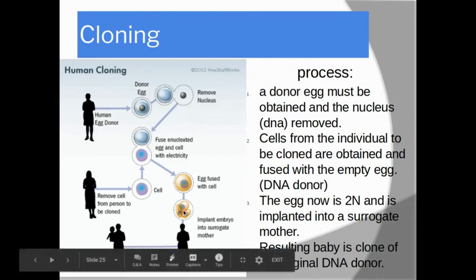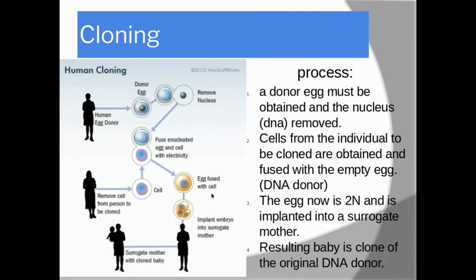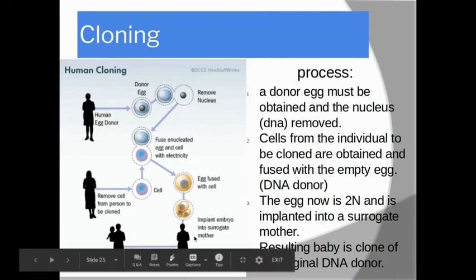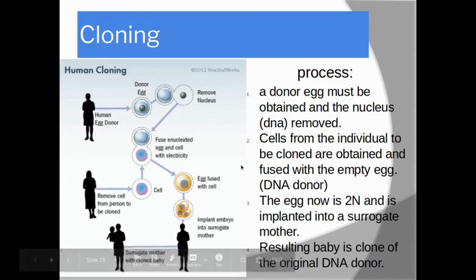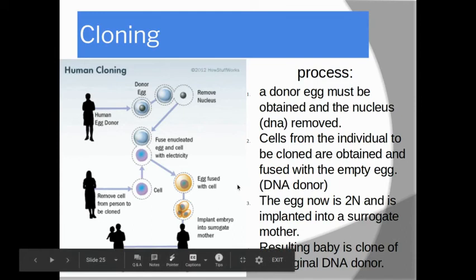You then have to implant those fertilized cells, the embryo, into a surrogate mother who will then give birth to a clone of the donor. Not the egg donor. The egg donor's DNA has been removed. It's the person you're cloning who provided the sample. Their DNA was put into the egg, and now their DNA is the DNA that is in the cloned cells.